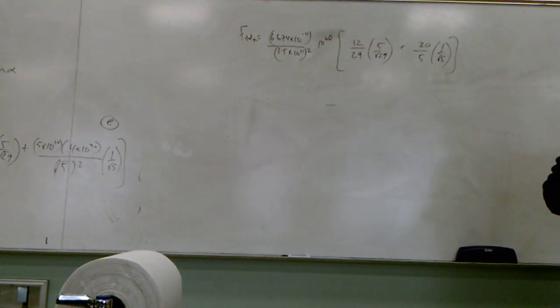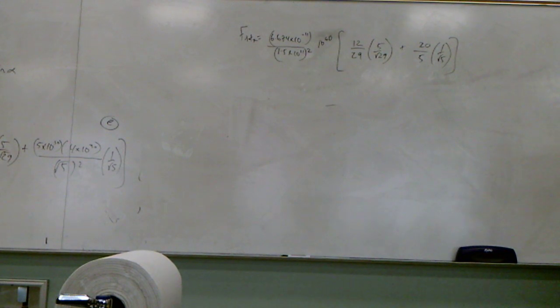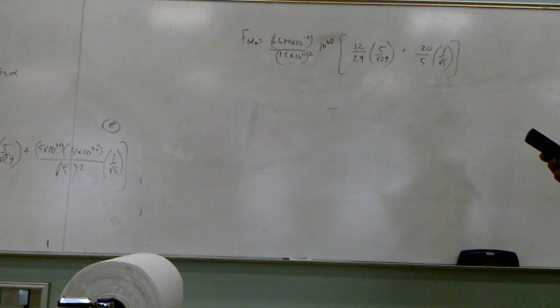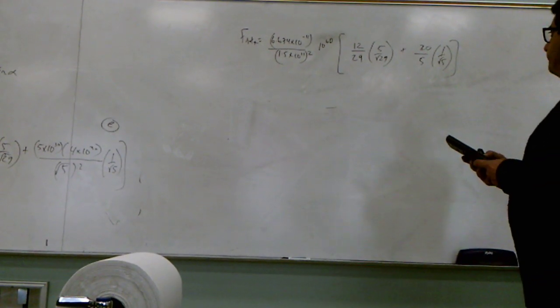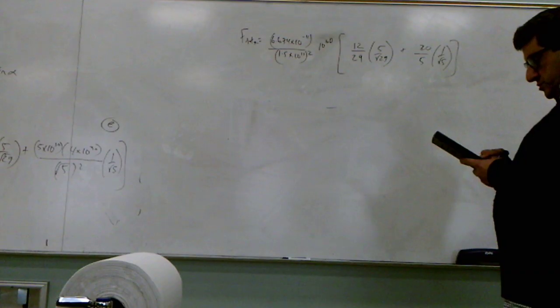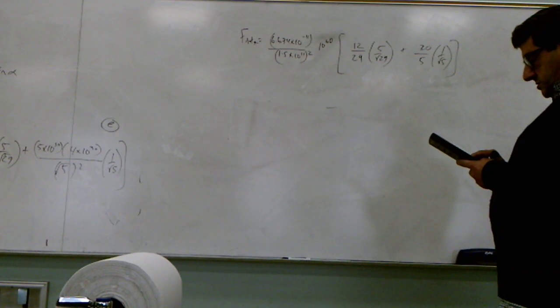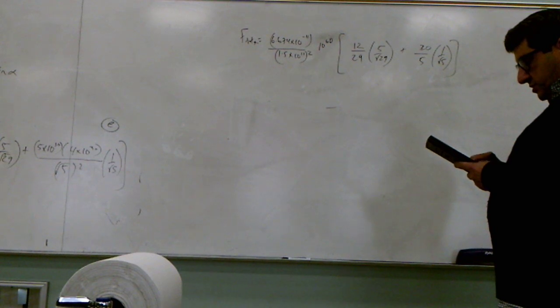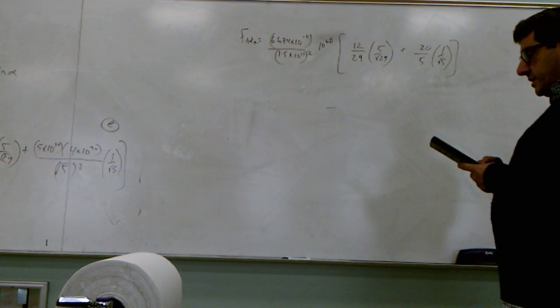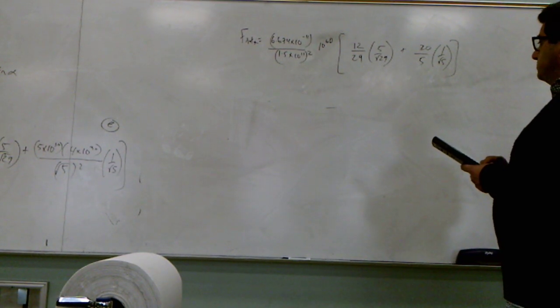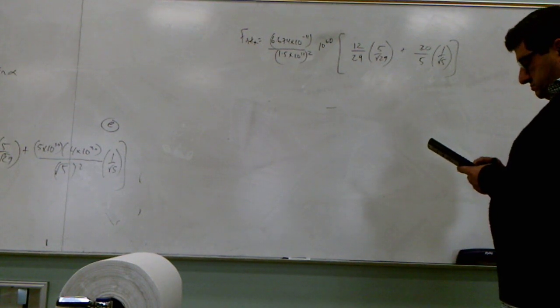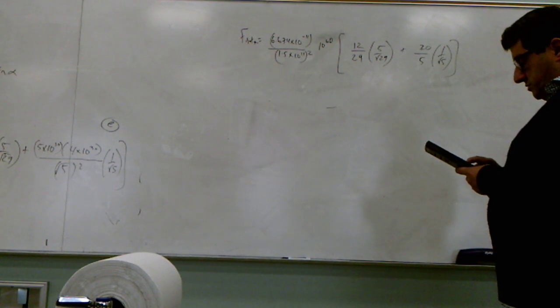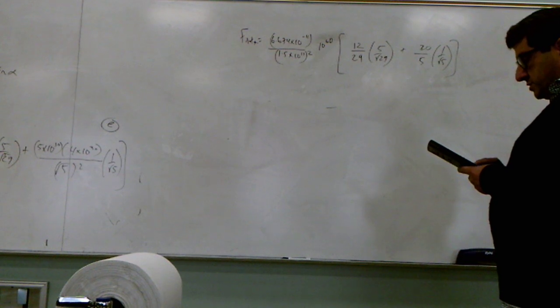And now the rest is just putting this into the calculator and adding them. 12 over 29 times 5 divided by 29 over 5, plus 4 divided by 0.5.